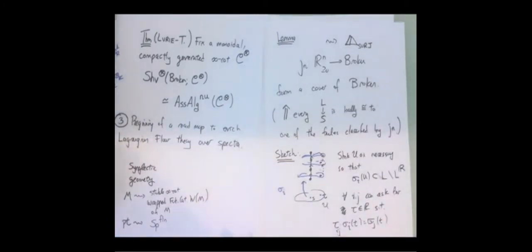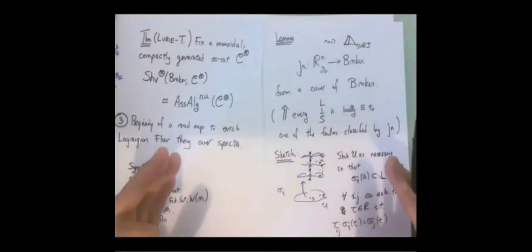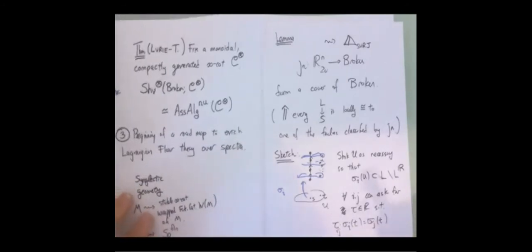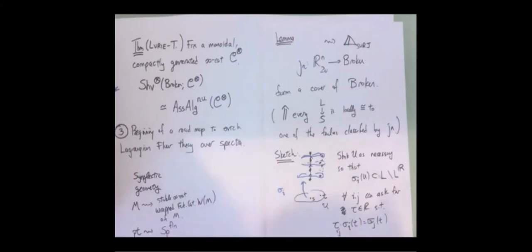So somehow the exit path category of broken looks like this category in some sense. And so the exit path category has a purely combinatorial description. So as a stratified object, it does have a purely combinatorial description. I don't know if that answers your question. Yes, that's useful. But I should say somehow it's the geometry that allows us to make connections with things like Morse theory and Fukaya categories. Yes. Very nice.